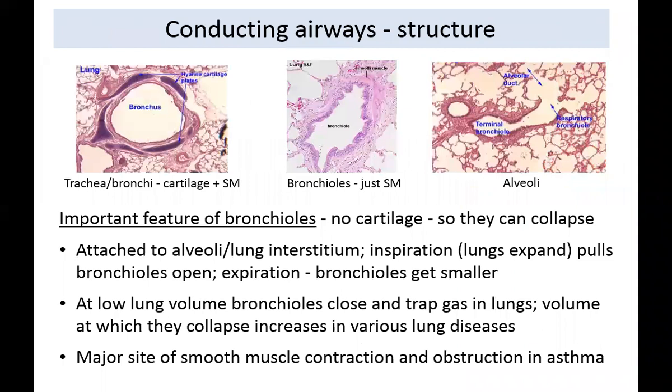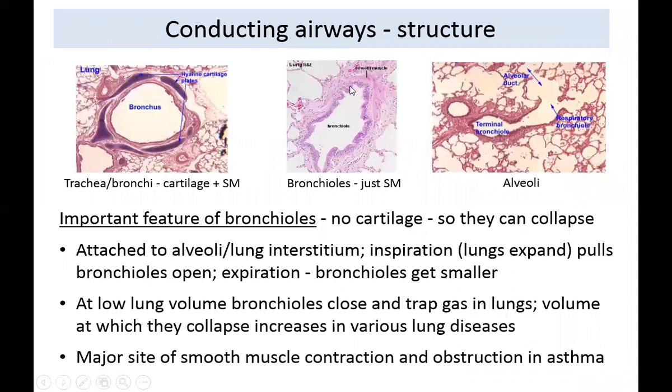Again, I think we saw this slide in 371. This is a bronchus. It could be a trachea, but it's a bronchus. The dark area here is the cartilage. You see it's C-shaped, and there's an area here where there's smooth muscle. Come down to a bronchiole: no cartilage, lots of smooth muscle around it.